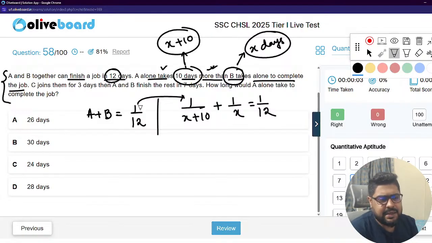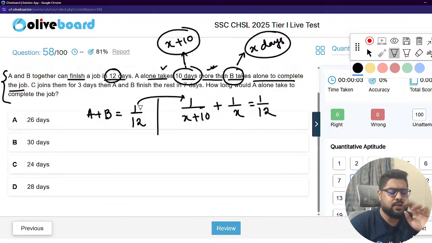One second, can I have any better option? C joins them for 3 days and then, okay. I guess we can do it without actually going through this.